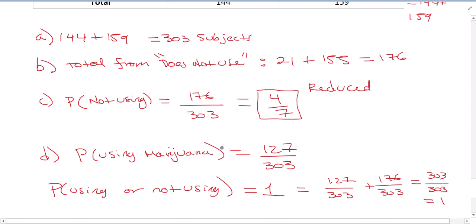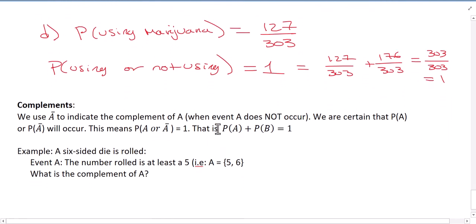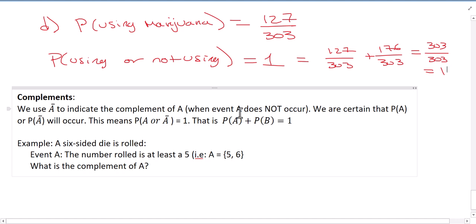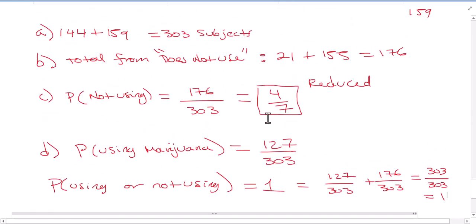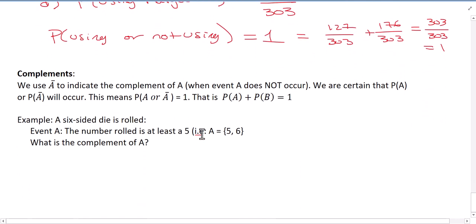So that leads us into complements. A complement is the event that event A does not occur. So if I say my event A is using marijuana, then the complement of A is not using marijuana. And one of those has to occur.